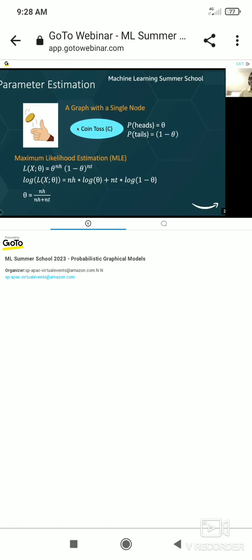So while we have done this for a very, very simple graph, which is a single node coin toss example, you can extend it to any kind of network. So the same concepts would apply to the student network as well, wherein all those values that we saw on this probability table would then become parameters, based on the number of training samples that you see. For example, one training sample, you would have a particular difficulty, grade, letter, SAT, and intelligence, and for some other sample, those values would be different.